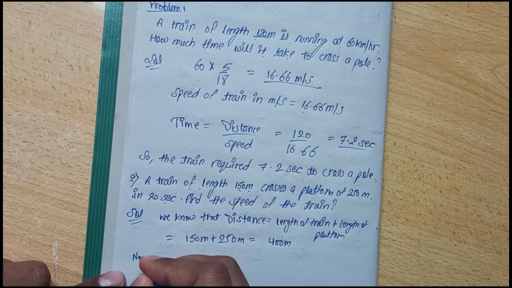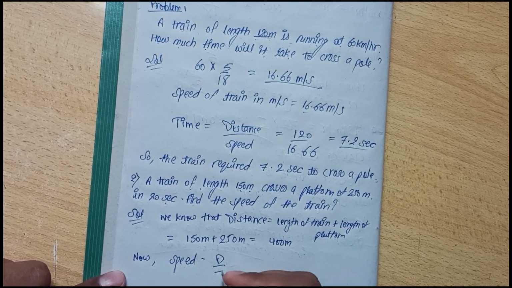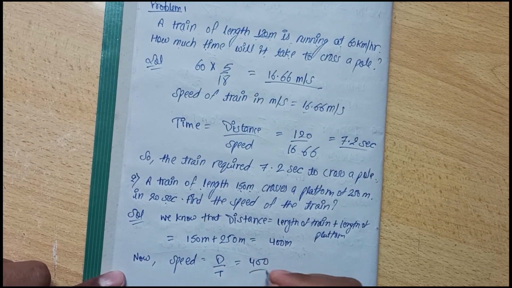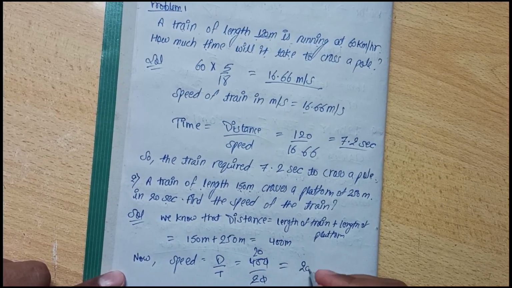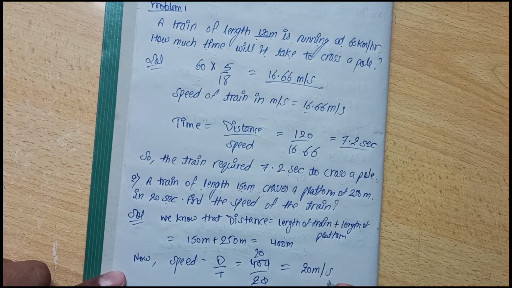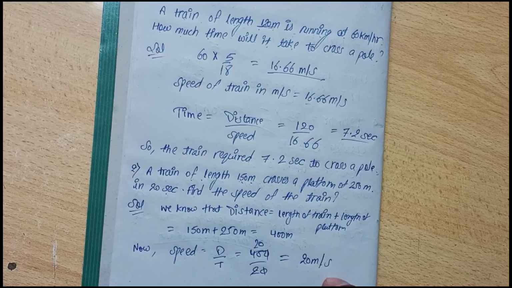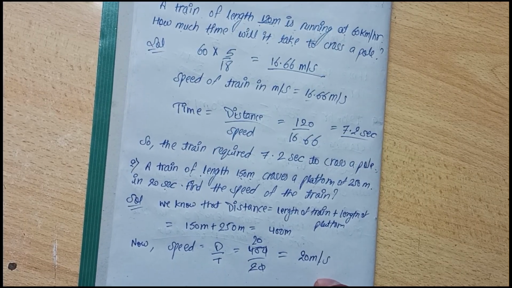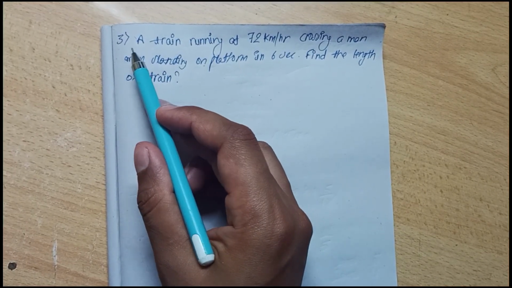Now speed is equal to distance upon time, 400 divided by 20, which is equal to 20. So 20 meter per second is the speed of the train. This is the second problem. Now we will proceed to the third problem.